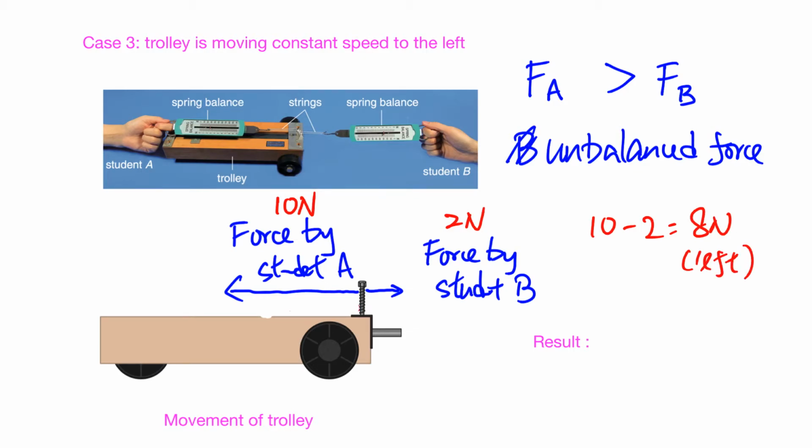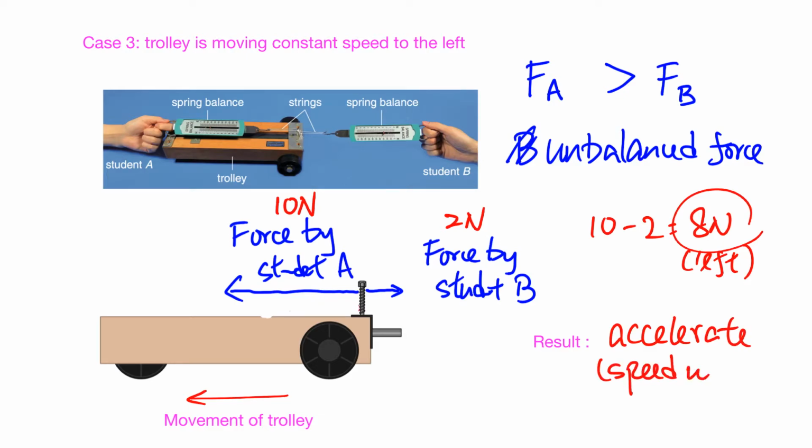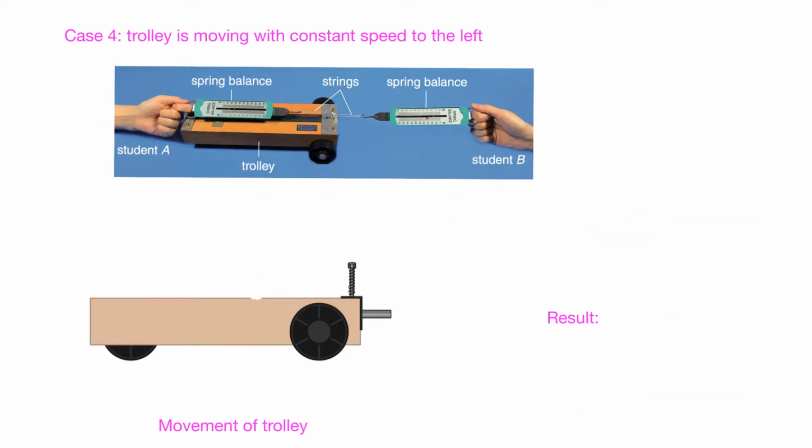So when the trolley is moving in this direction at the beginning, and you have a sudden push towards the left, you can imagine that the trolley will accelerate. Accelerate means speed up, and the direction of acceleration should be towards the left in this case.